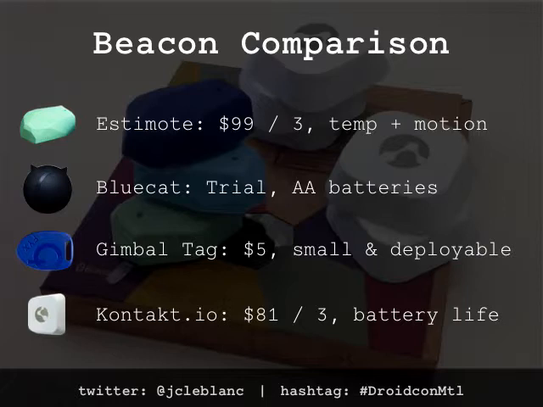Blue Cat Beacon, it's pretty much still going through trials. They'll probably be around the $80 to $95 range when they actually get it deployed. Our dev advocates out in Australia are working with those because they have a lot of their folks out there in Sydney. But the one good thing about them is that they run off AA batteries as opposed to a coin battery cell.